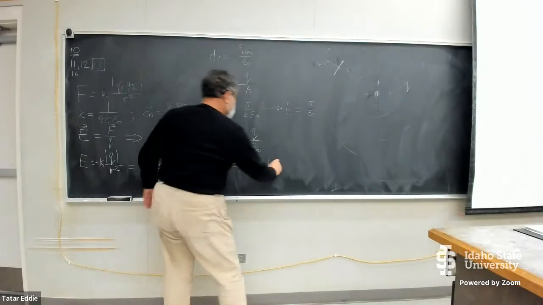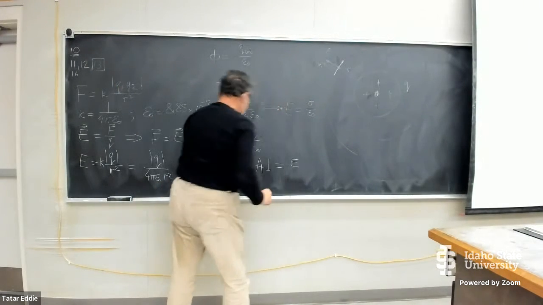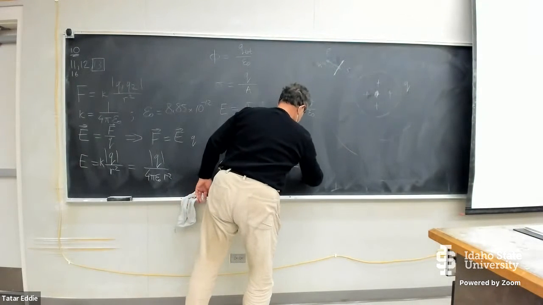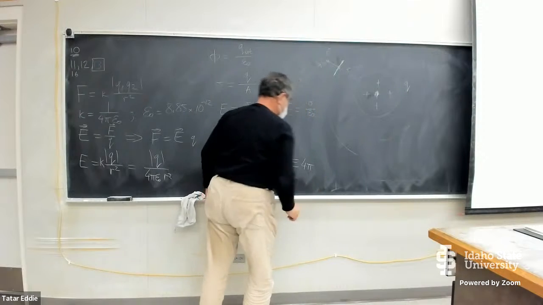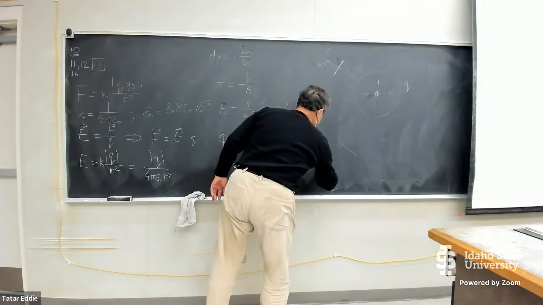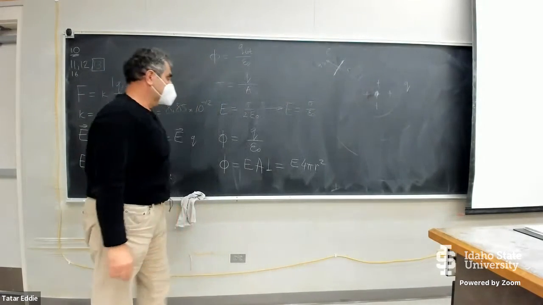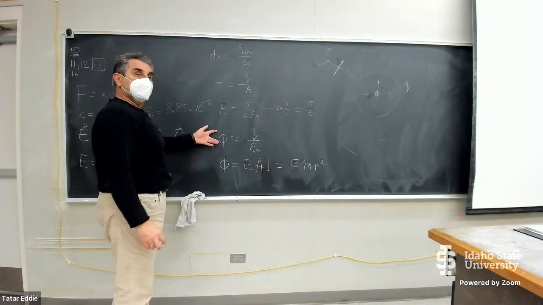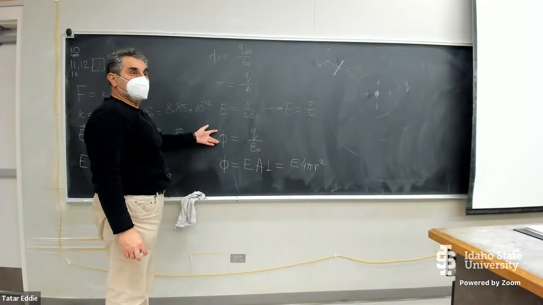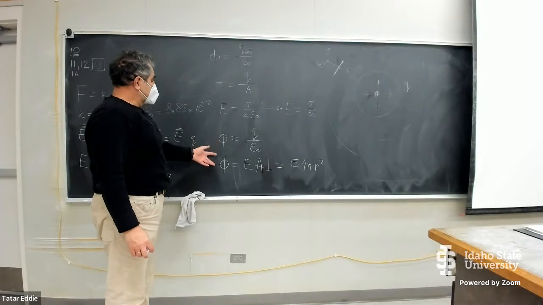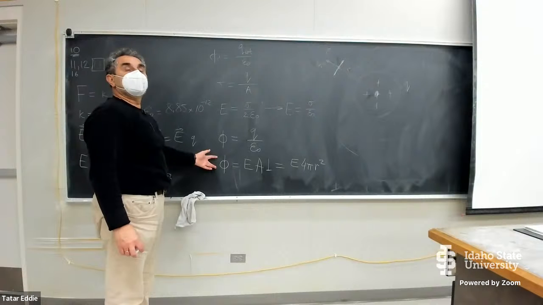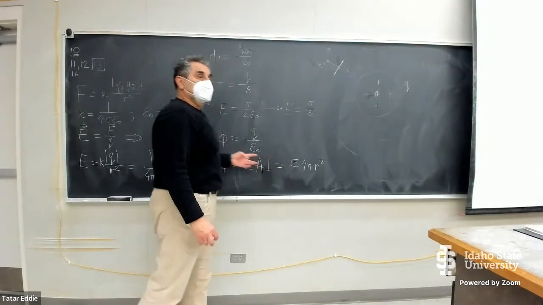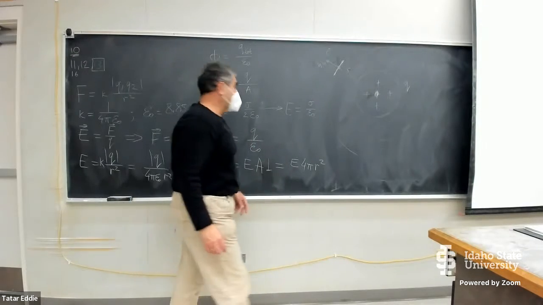But you know that the area of a sphere is 4 pi times radius squared. And now look, Gauss's law says the flux is this. The definition for electric flux says that the flux is this. So those two have to be equal to each other.